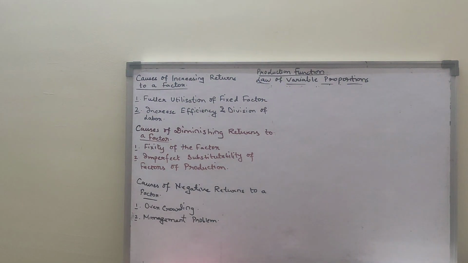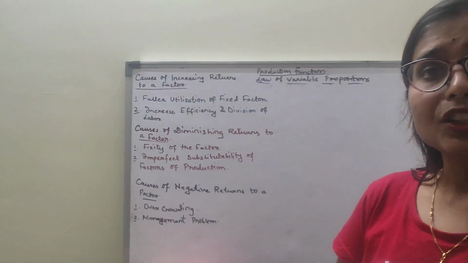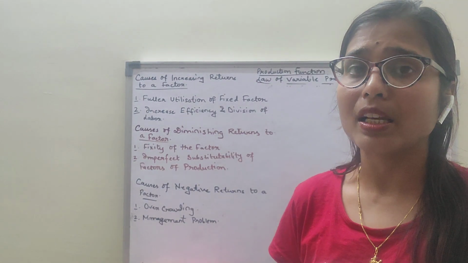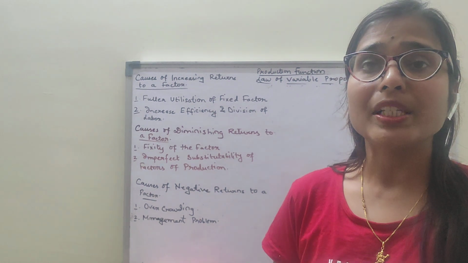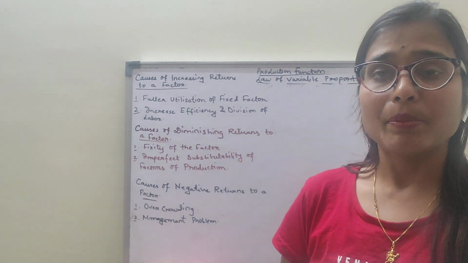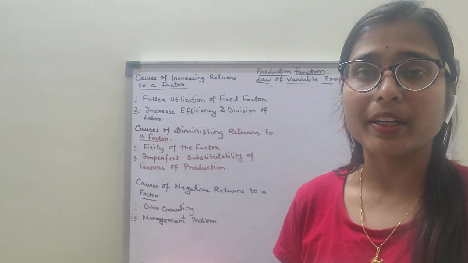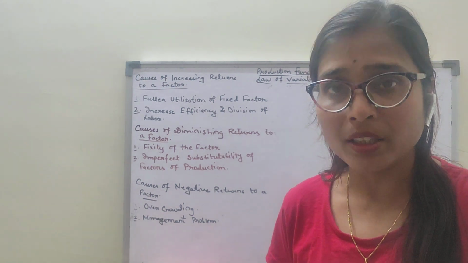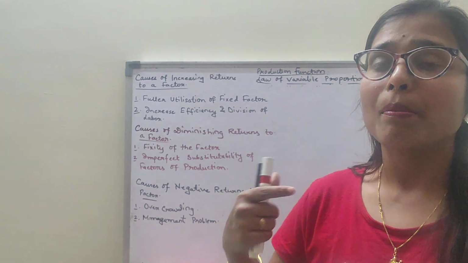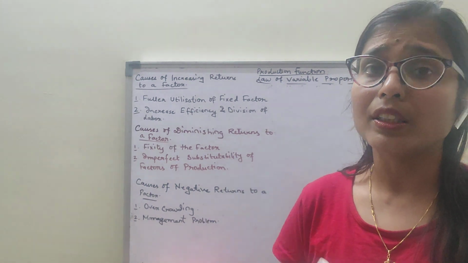First is the fuller utilization of the fixed factor. In the initial stage, children, what happens? Machines do not work; machines get underutilized. When you start the work and add the variable factor to the fixed factor, only then will the machine get started. So in the initial stage the fixed factors are underutilized.